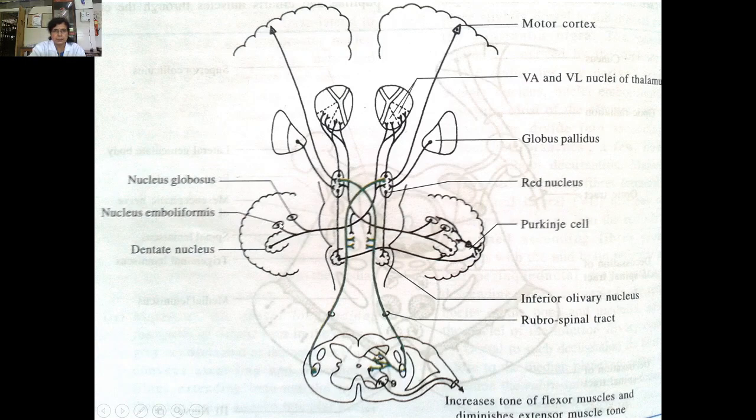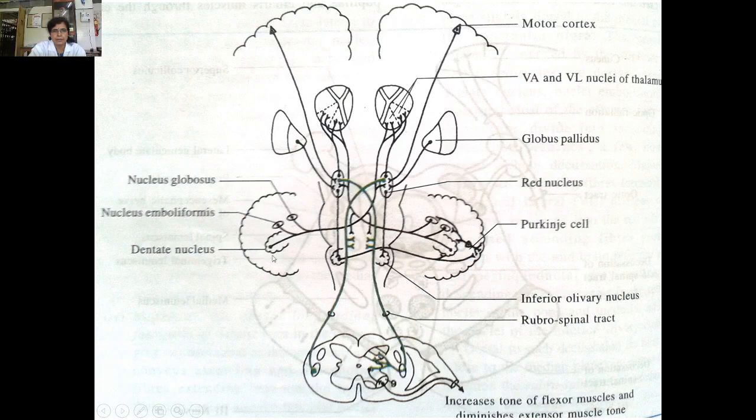Then on each side of the midbrain there is the cerebellum, and in this cerebellum three nuclei are shown here, that is the dentate nucleus, nucleus emboliformis and nucleus globosus. So the red nucleus mainly receives afferents from the cerebellum.